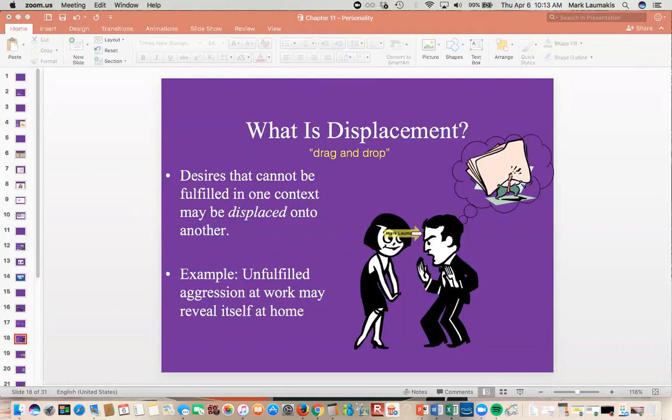So let's pretend that this guy is overwhelmed by the pressure at work. And, well, he decides not to hit his boss in the head with a brick, but that unfulfilled aggression, that violent or aggressive impulse that he doesn't act on at work might reveal itself at home. And he's not going to be violent towards his spouse, let's say here. But what he does is he has a short fuse. He gets really angry, or maybe he yells at her, right?